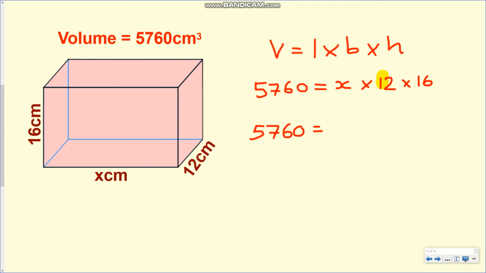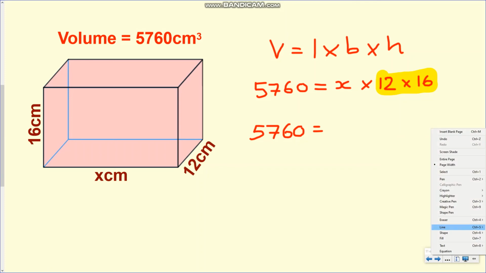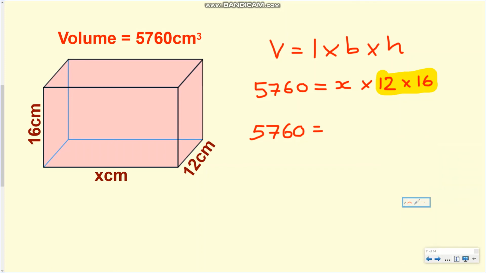The way I'm going to do that is I'm going to do 12 times 16. So 12 times 16 is 192. Okay, so 12 times 16 times x is going to be 192 with an x on the end.